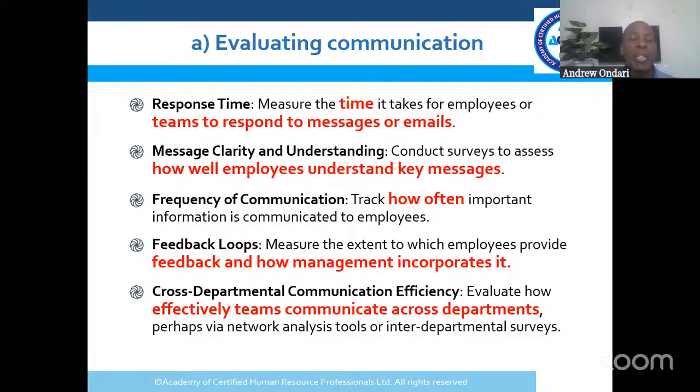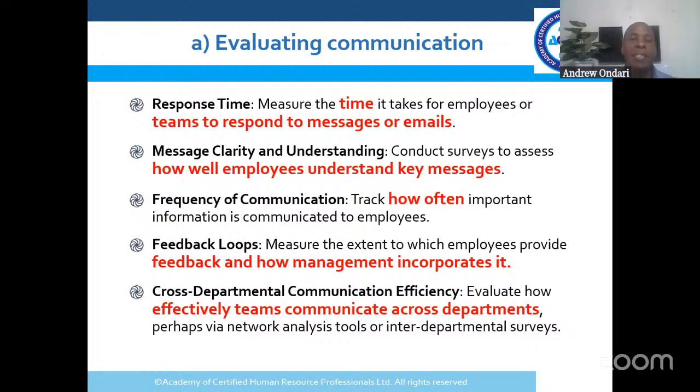Coming down to organizations, we communicate a lot of information about organizational activities. For example, if you have a meeting on Monday next week, then the communication should start yesterday or today so that you create awareness about the information. And if there is any feedback to be obtained, then it must be done on time.